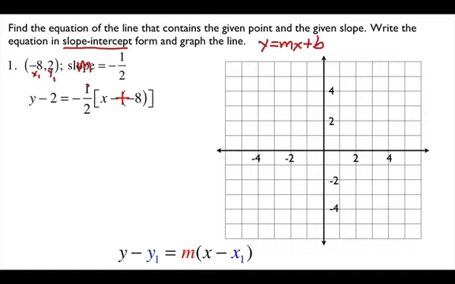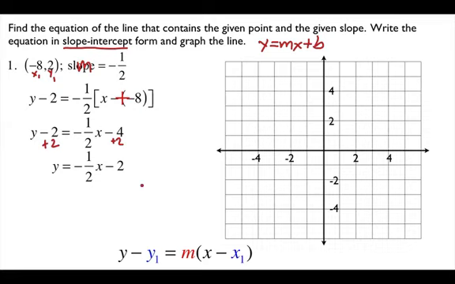Then I'm going to distribute the negative 1/2 into these two terms inside the brackets. And I end up with negative 1/2 x, and negative a half times positive 8 gives you negative 4. Then at this point, I'm going to add 2 to both sides. Once I do that, I get y is equal to negative 1/2 x minus 2.